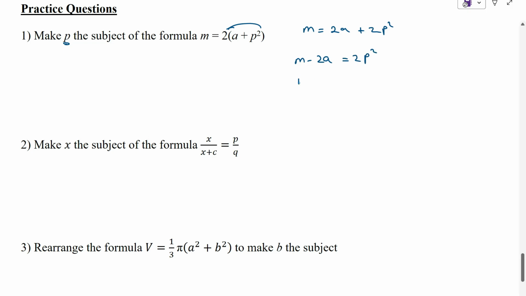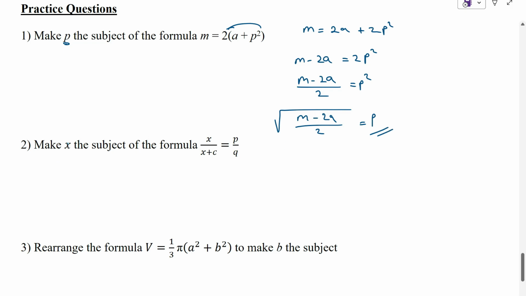We can take this 2 over as well. That gives us p squared. Now we want p on its own, not p squared. So if we're squaring on this side, the inverse will be square rooting on the other side, giving us a final answer of the square root of (m - 2a) over 2, which equals p.